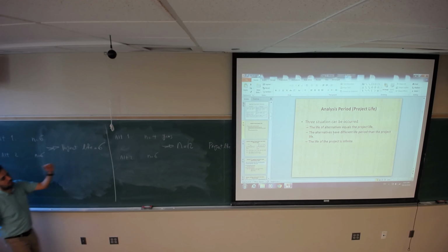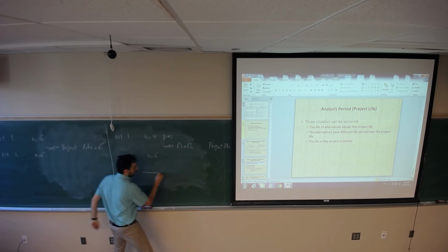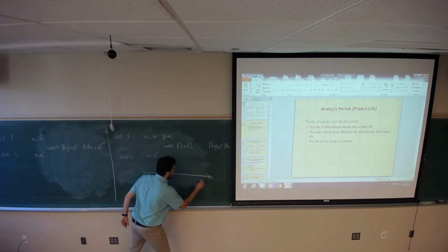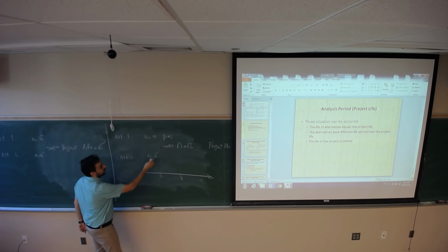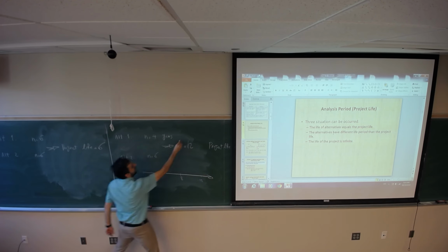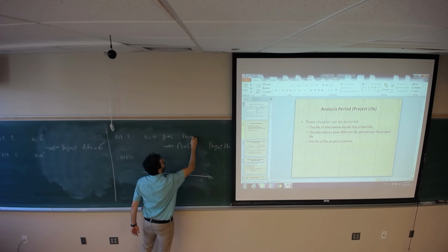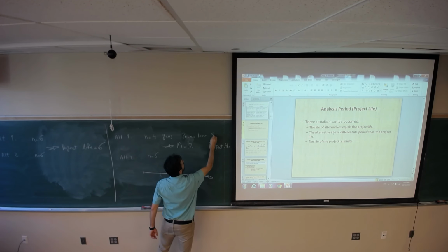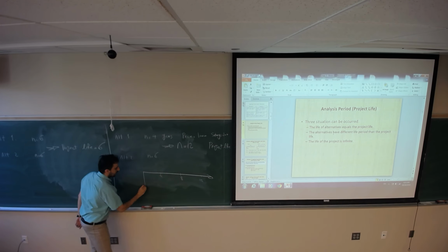So what you need to do is repeat 3 times for the first. Suppose you buy it, its price is 1,000 with a salvage value of 200. So you purchase this equipment at present time at this price.